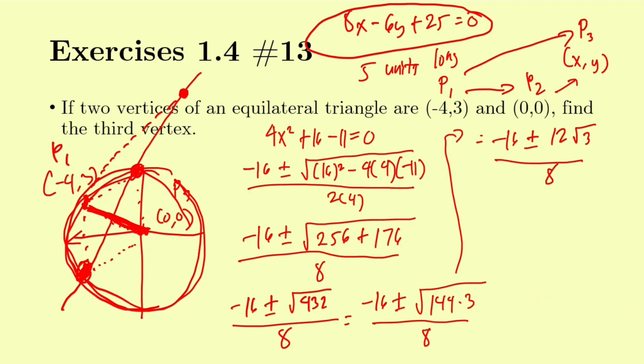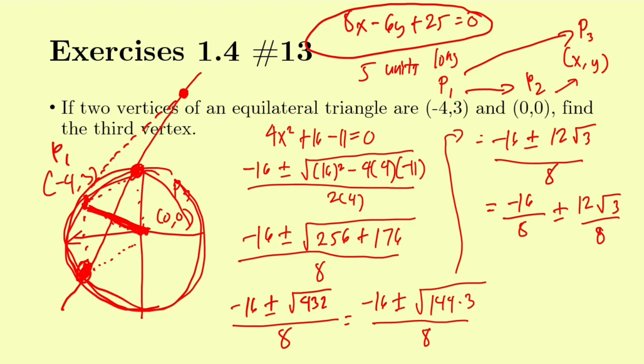Now, we can split this first into two terms, which is equal to negative 16 over 8 plus or minus 12 square root of 3 all over 8. Because there is no common factor other than 2. But you can take out the 3 from the 12. Okay. 12 over 8.